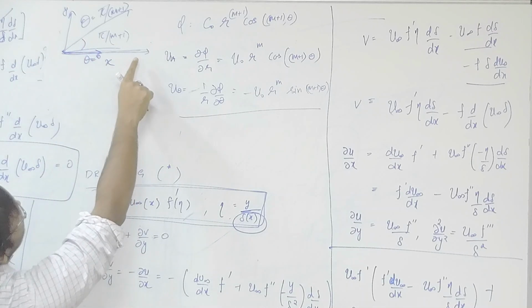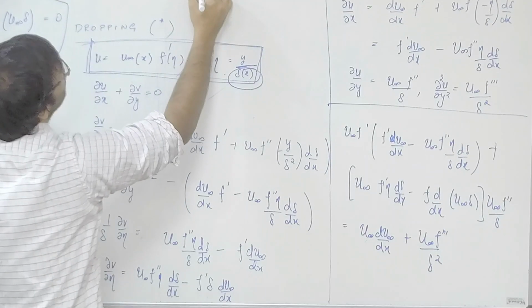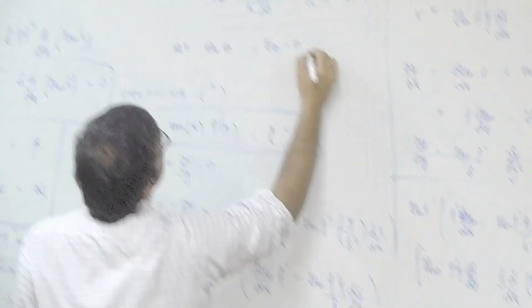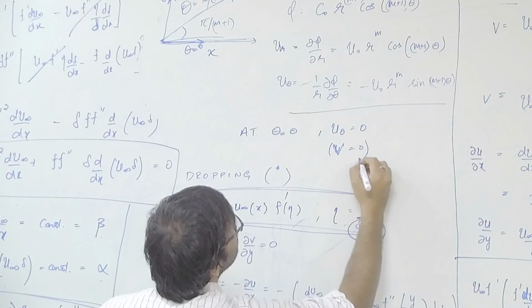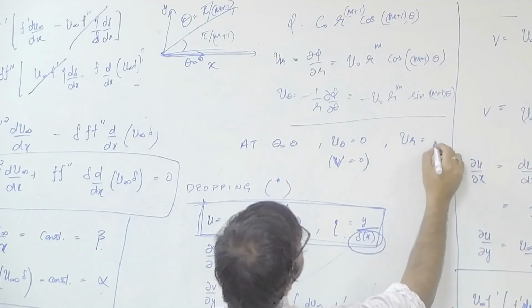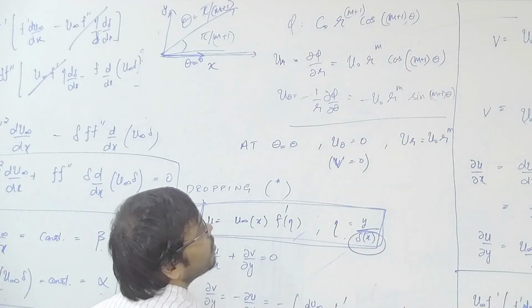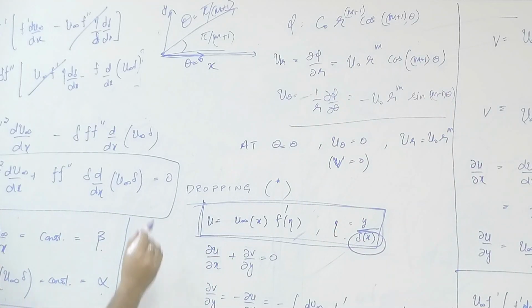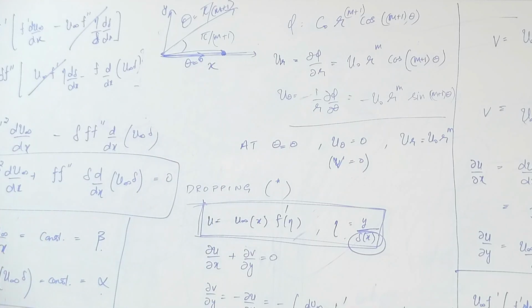Then if I orient my x coordinate like this, at theta equal to 0 I have u theta is 0, which is basically u y or v equals 0, and I have u r as u naught r to the power m, and theta is 0. And what is the radial coordinate on this wall? It's x.